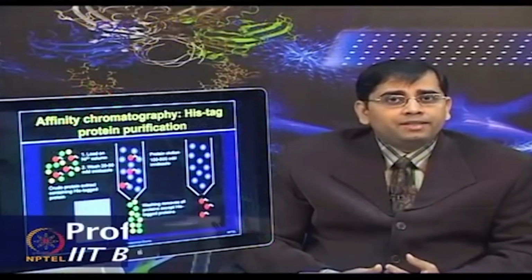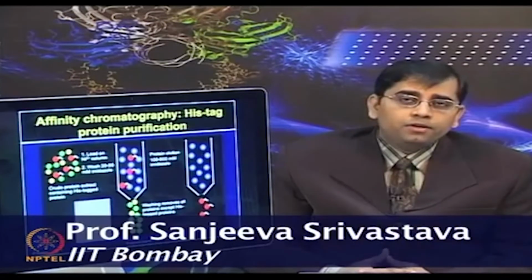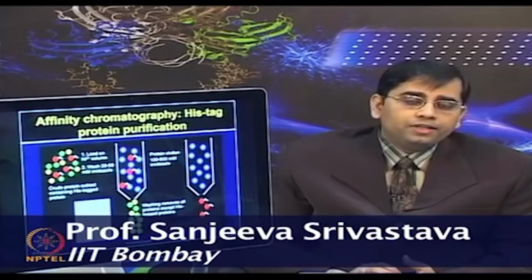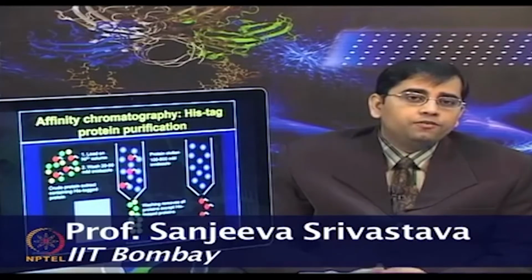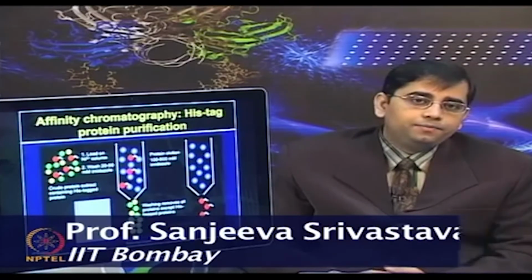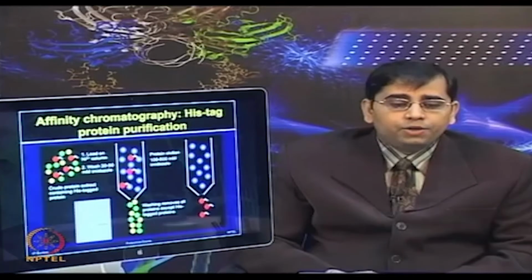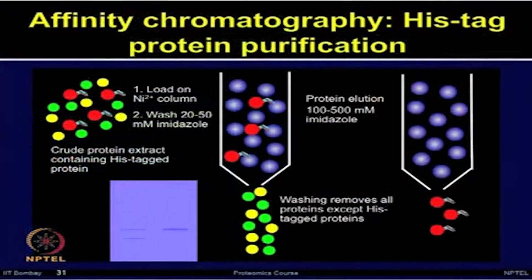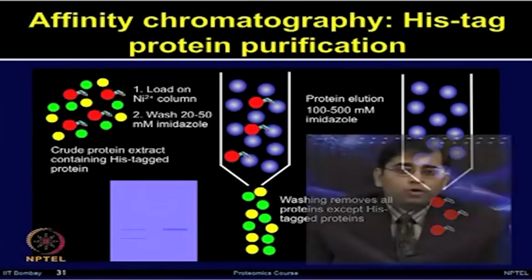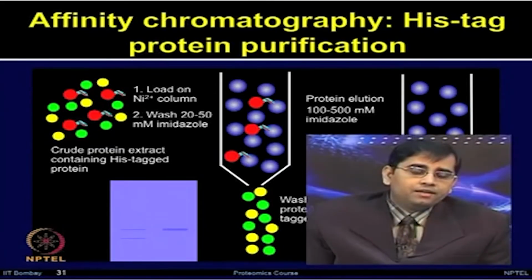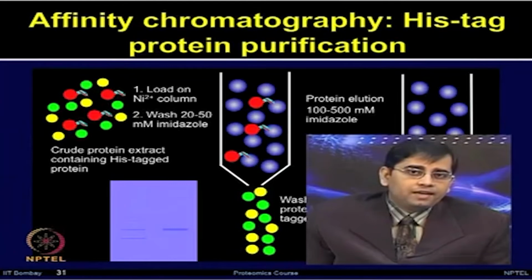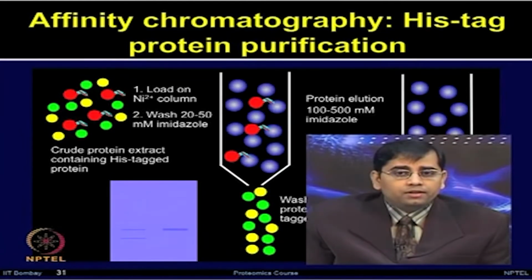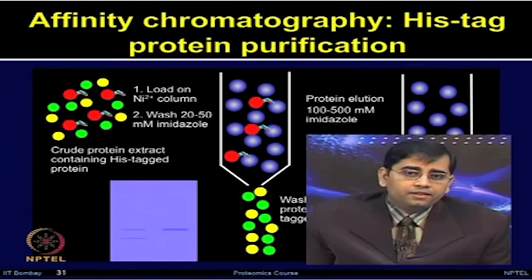The genetic engineering methods have made it possible to create fusion proteins, which show a strong affinity between the fused protein and the ligand. For example, as shown in this slide, the affinity of histidine tag with nickel NTA column. Because of the interaction of histidine tag with nickel, the proteins which contain histidine tag will bind to these resins of nickel NTA.